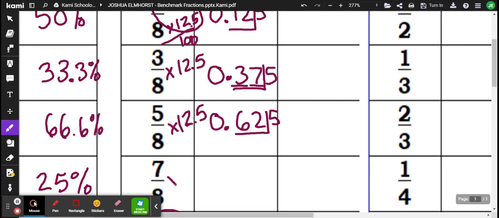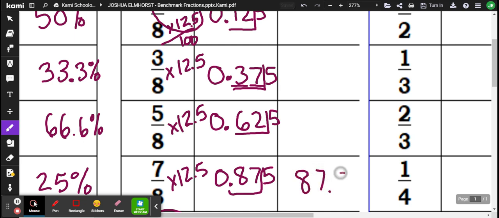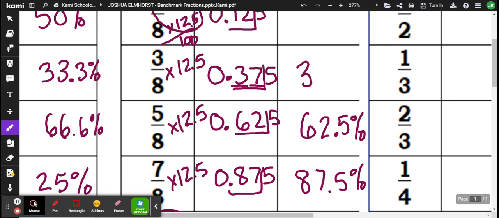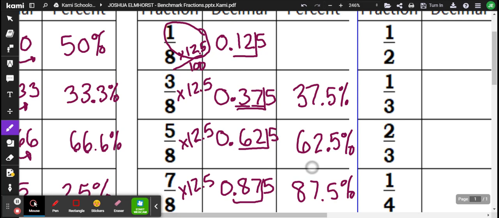And the last one, 12.5 times 7 is going to give you 87.5%. 87 hundredths or 875 thousandths. Percent is going to be 2 decimal place values. So we have 87.5%, 62.5%, 37.5%, and then the fraction 1/8 is going to be 12.5%.